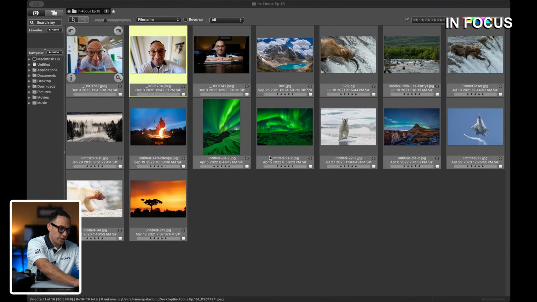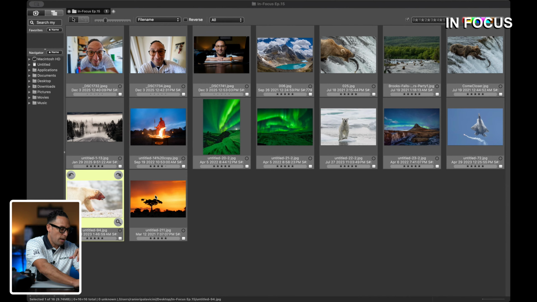So now we're going to talk a little bit about compression when you use a telephoto lens. I'm still here on the computer, and here you can see this bear, and you can see the compression in the back.